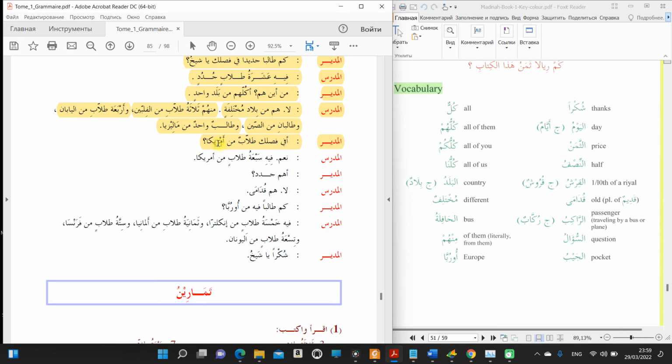You can say من أمريكا, من سويسرا, from Switzerland, من مستشفى, from hospital. So even though it's majrur, it doesn't take kasra in the end.